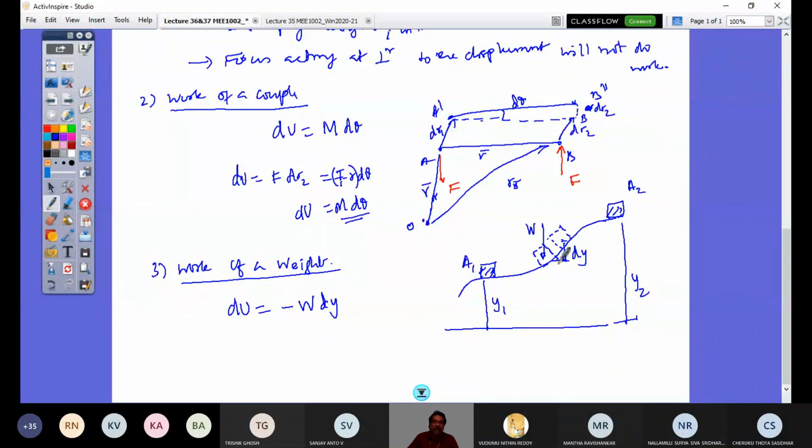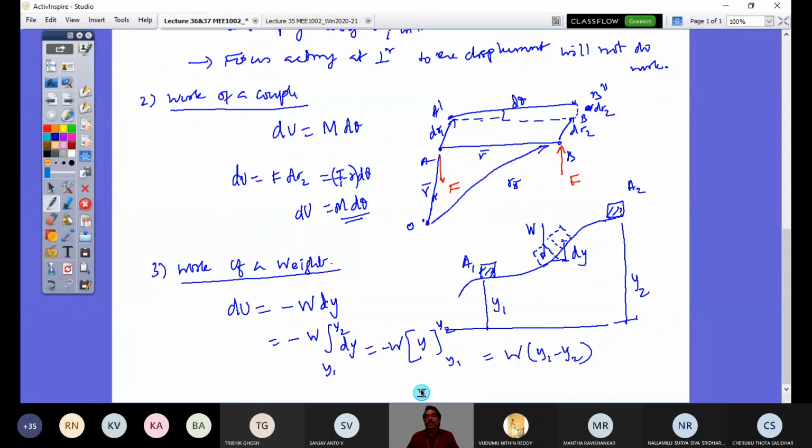You can further rewrite this as an integral: minus W integral from y1 to y2 of dy. So that's minus W into y going from y1 to y2, which gives W into (y1 minus y2). That is the work of a weight.